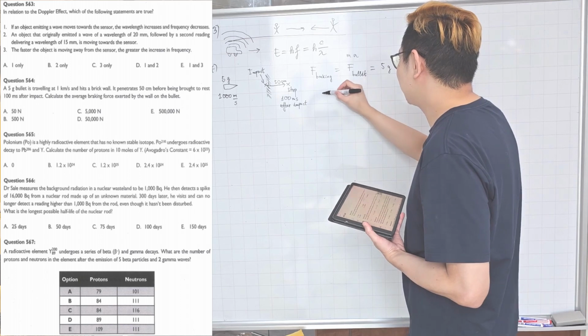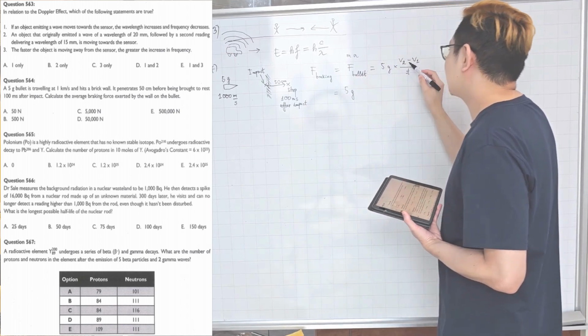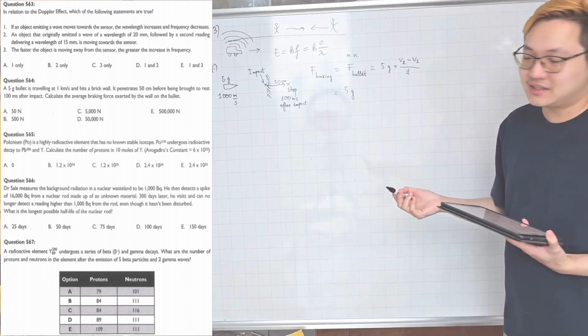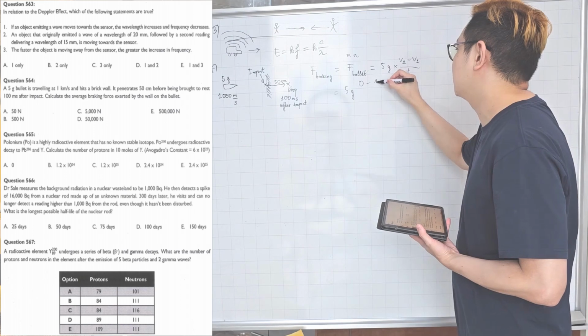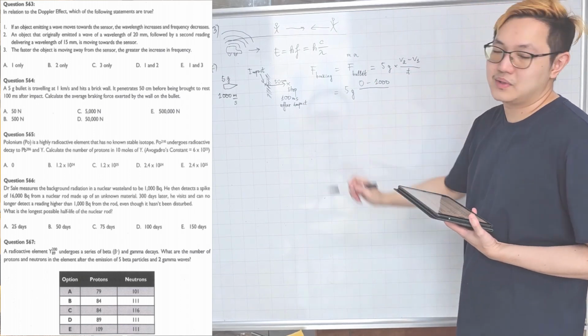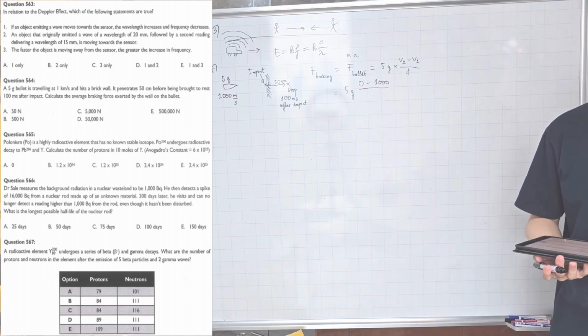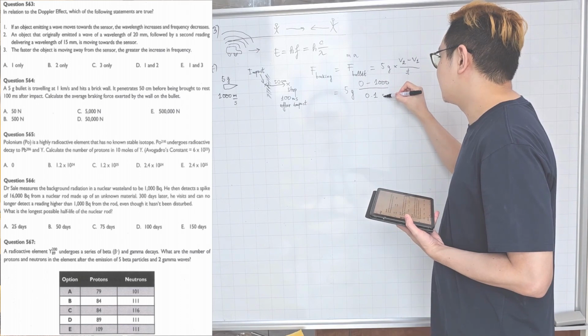See, a lot of the time you're right. So, 5 grams. V2 is actually 0, it comes to a stop, right? So 0 minus V1, which is 1,000 meters per second. And time, you have to turn this to seconds, SI unit. So this is 0.1 second, right?